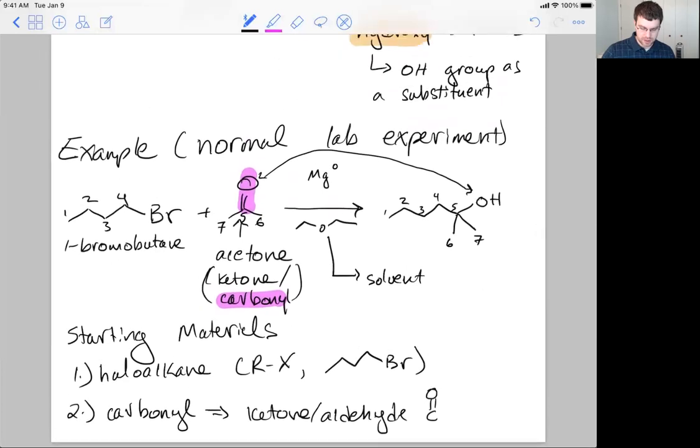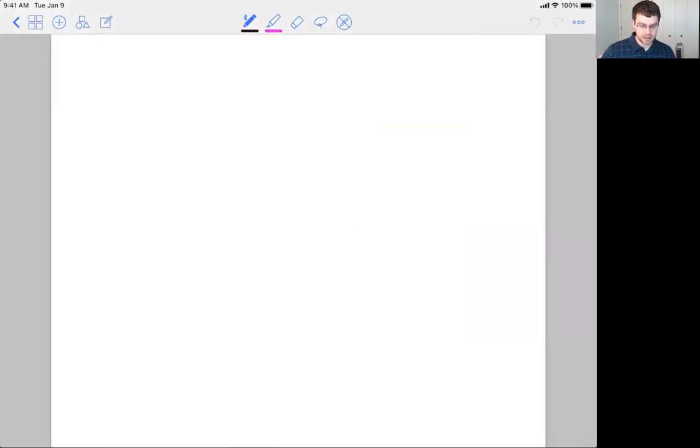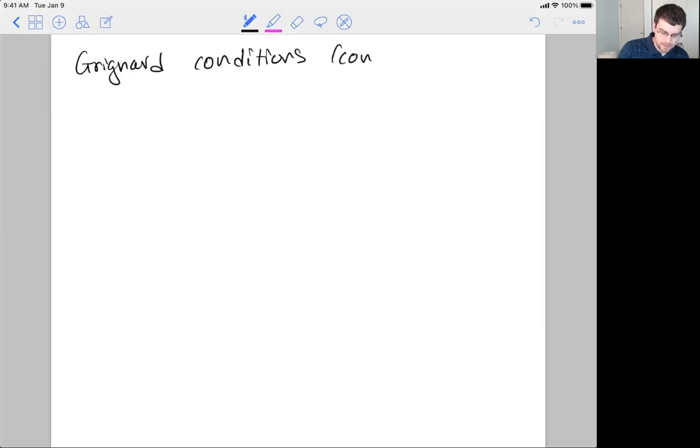So we have our starting materials. Now let's look at the other conditions. So the reagent is magnesium with a superscript 0.